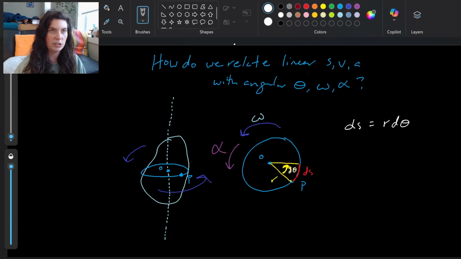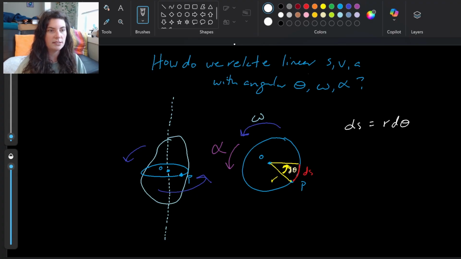Right, if we have a changing ds, we have a changing d theta, we can integrate those to get that relationship between our displacement s, that radius r being either the radius of the disk or the position vector from O to P. You can think about it either way. But that r times d theta, we can use that to relate our linear displacement with our angular displacement.